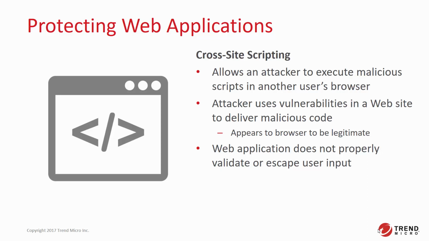Rather than directly targeting a user, the attacker makes use of vulnerabilities in websites that the victim visits in order to get the website to deliver the malicious scripts. To the browser, the malicious JavaScript appears to be a legitimate part of the website, and the website acts as an unintentional accomplice to the attacker.